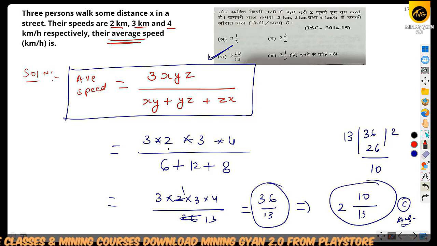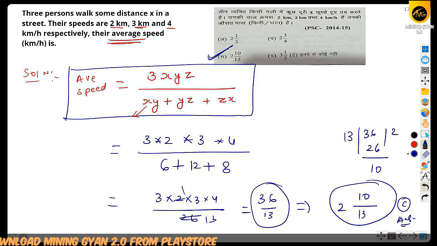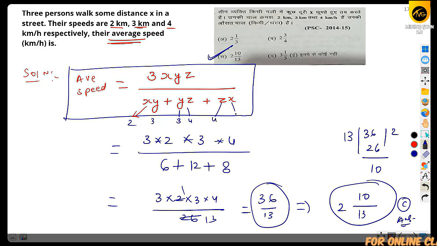So 3 into 2 into 3 into 4 divided by x into y, that means x is 2 and y is 3, so it will be 6. Similarly, y is 3 and z is 4, so it will be 12. z is 4 and x is 2, it will be 8. So just add these numbers, 6 plus 12 plus 8, that means 26, and the numerator is 3 into 2 into 3 into 4.